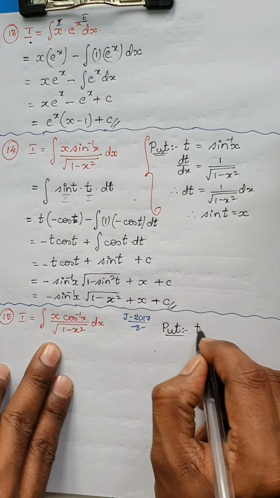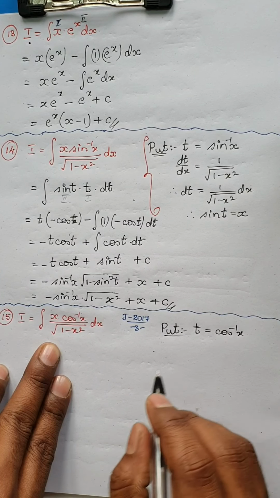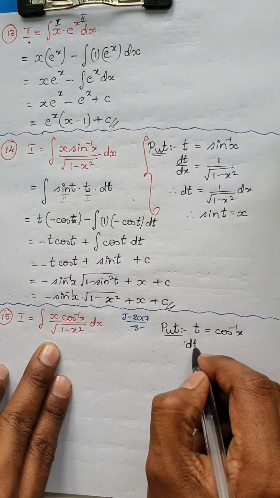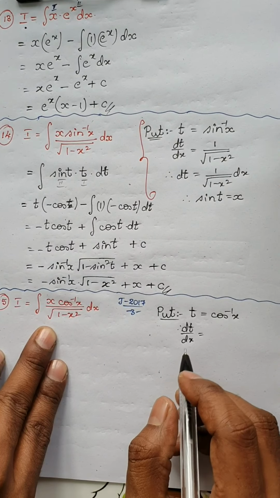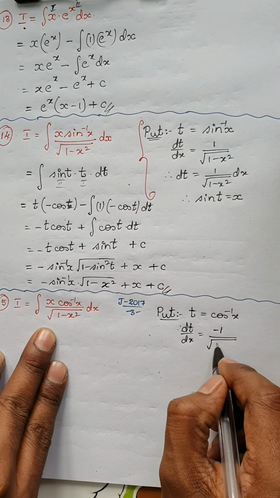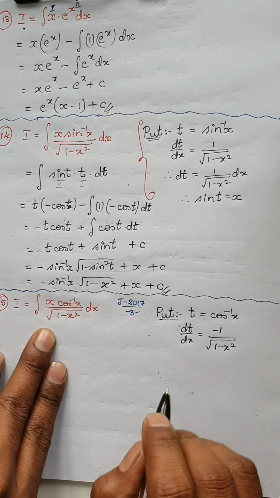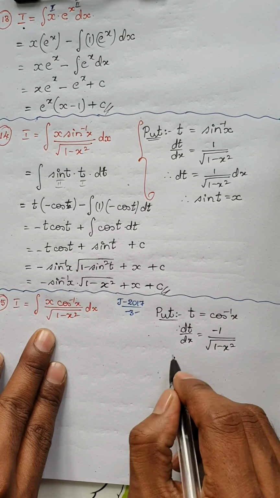Let me put t is equal to, I hope you have guessed it, cos inverse x. Therefore dt by dx, differentiation with respect to x, would be the derivative of cos inverse, which is, remember, minus 1 divided by root of 1 minus x square. If you further simplify this, let me keep this minus on the left hand side.